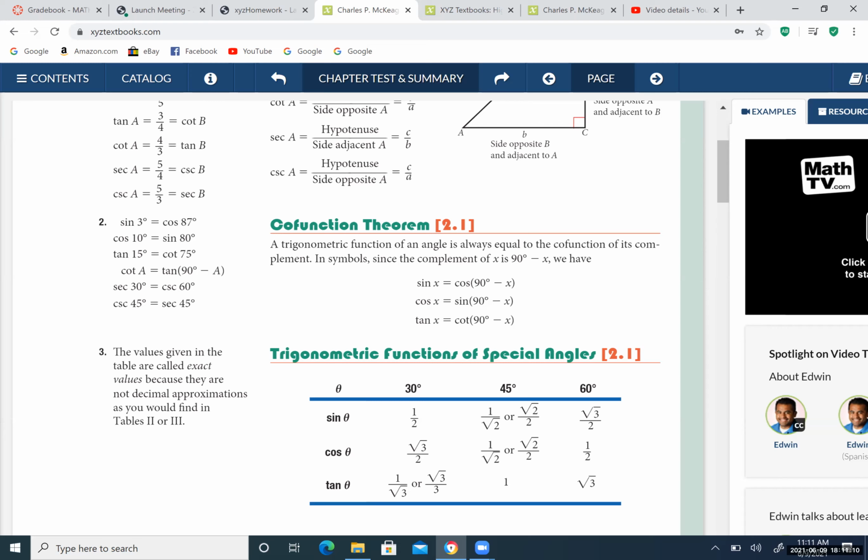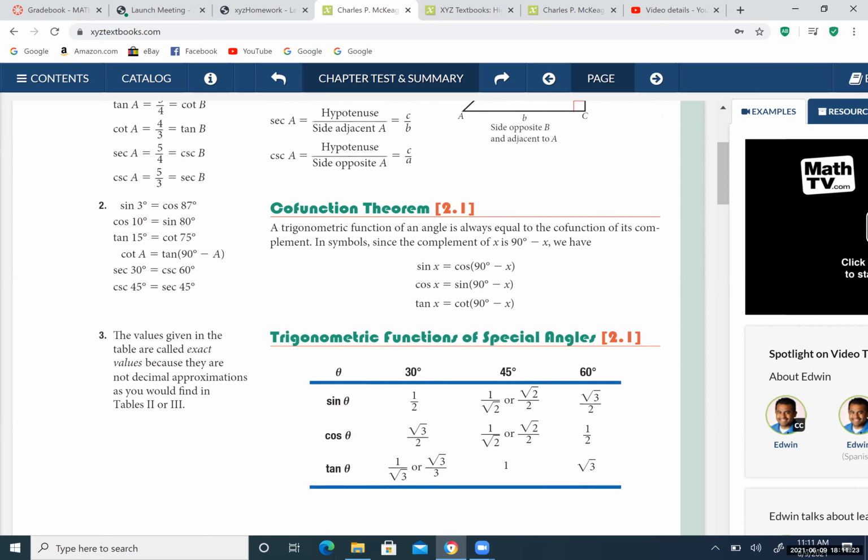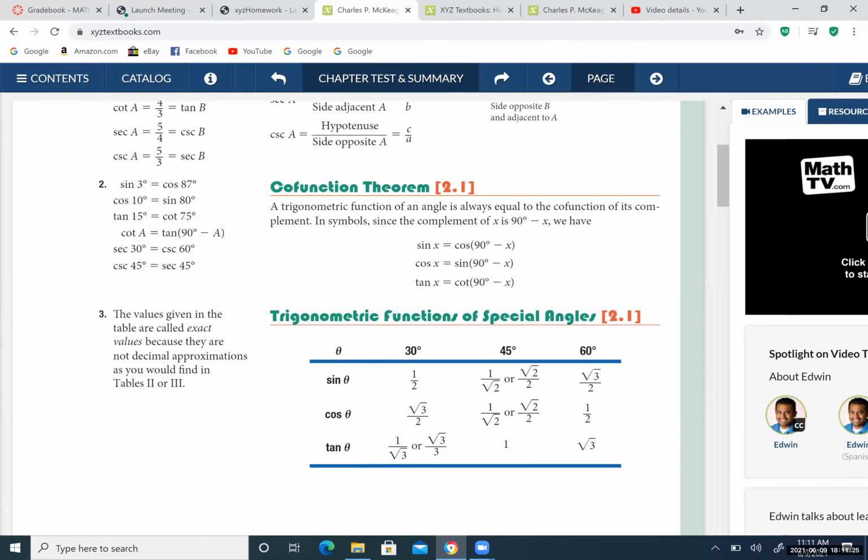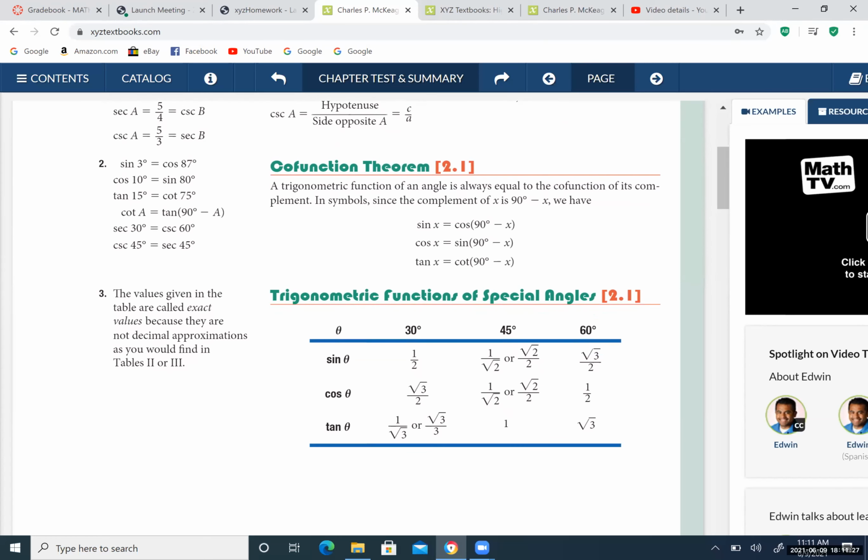Sine and cosine are co-functions of the complement of the angle to one another, and tangent and cotangent as well. And the trig functions of the special angles, this is 2.1 right here. I recommend you write this table down somewhere, because you're going to need it a lot.